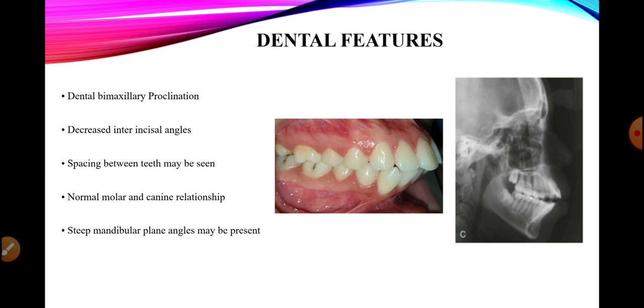We said that the interincisal angle will be decreased because of the proclined upper and lower incisors, but they are coming in contact in a class 1 malocclusion. Usually a space can be seen, and the incisors will be so proclined that the lips will be incompetent.